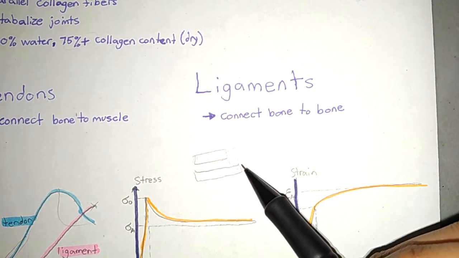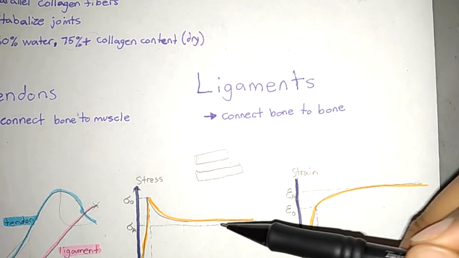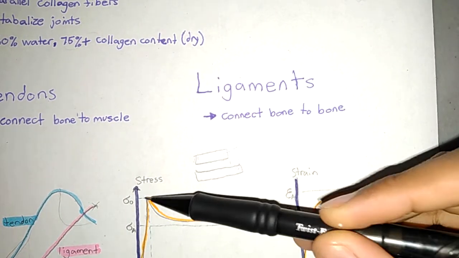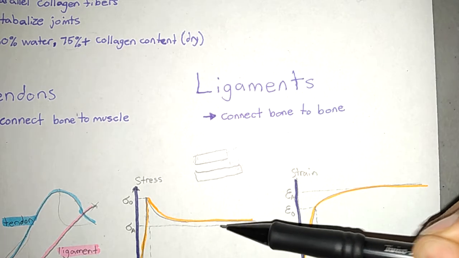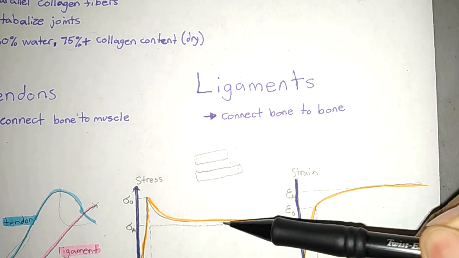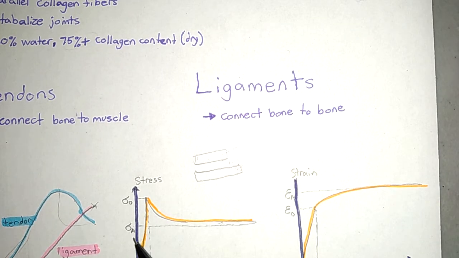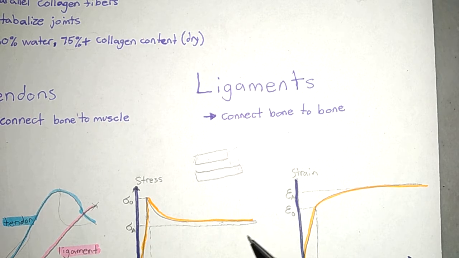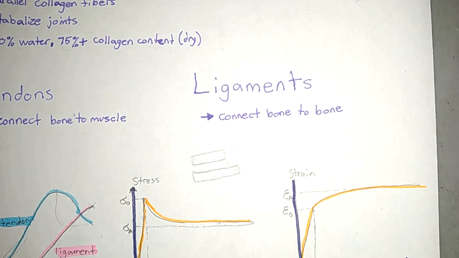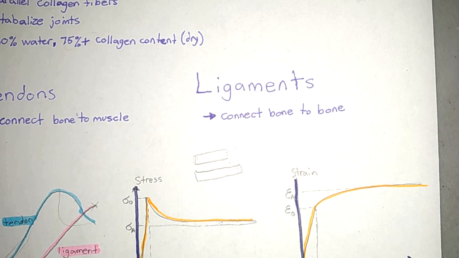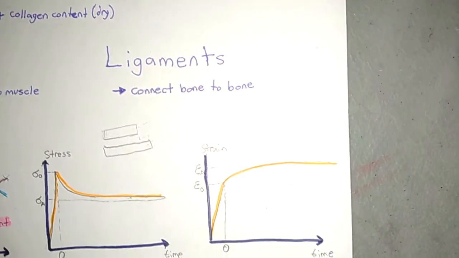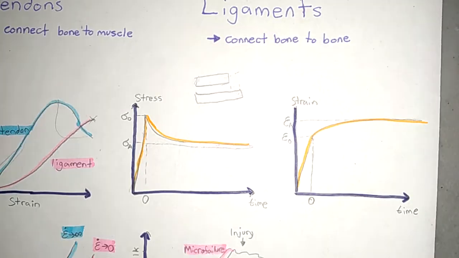But it doesn't always go away, and this is because of the viscoelastic effect we're going to see later on. It's just going to go down and stay at this position. This is called the stress after infinity: if you can leave it in that position forever, as time goes to infinity, it's going to even out at a point. Same thing with the strain versus time. You can see over here.